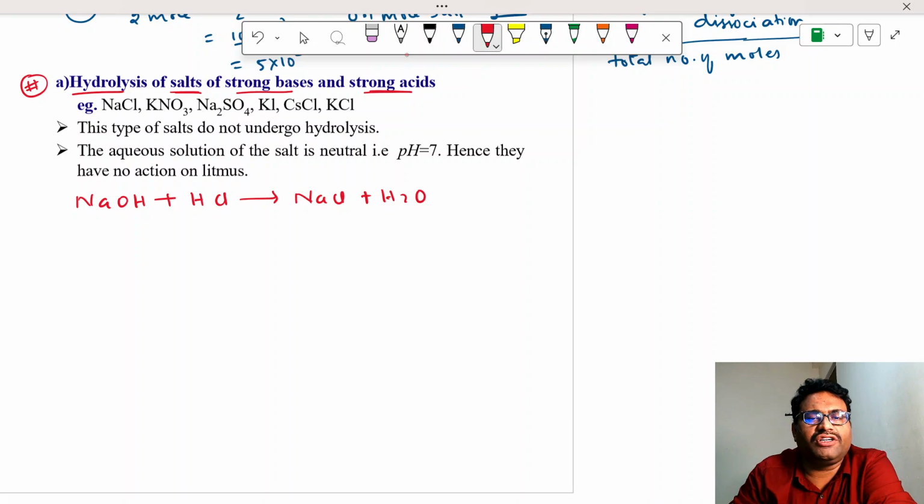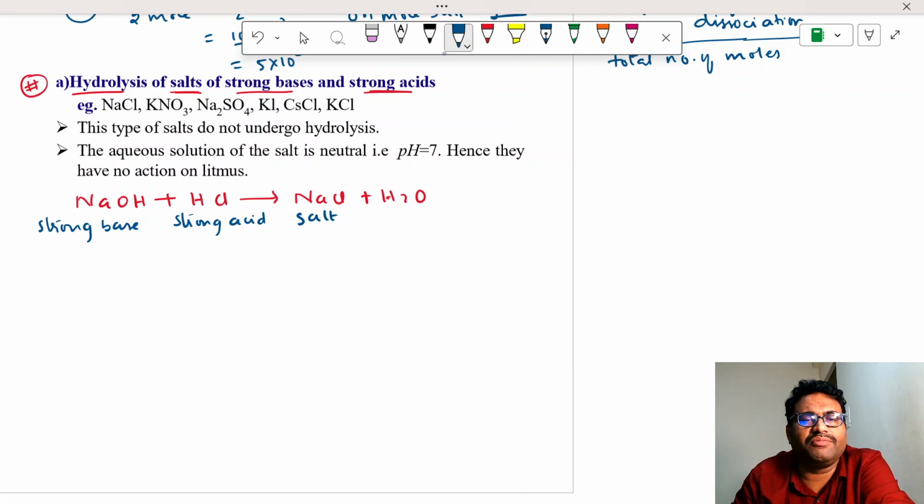So this is a salt. Salt from whom? From a strong acid reacting with a strong base. When a strong acid reacts with a strong base, the salt is formed. Here we are speaking of salts of a strong base and a strong acid.